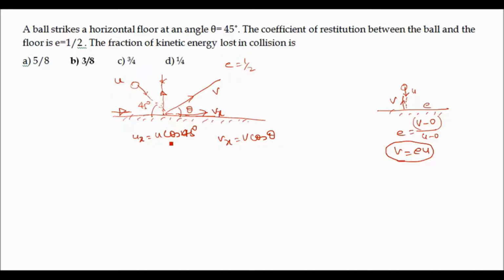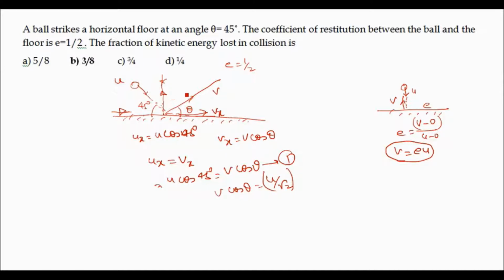So the tangential component remains the same, so we may write that ux is equal to vx, and from there u cos 45 degree is equal to v cos theta. So this is our first equation, or v cos theta is equal to u by square root 2.